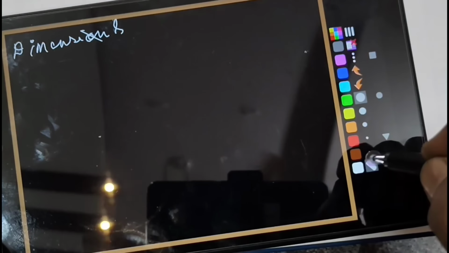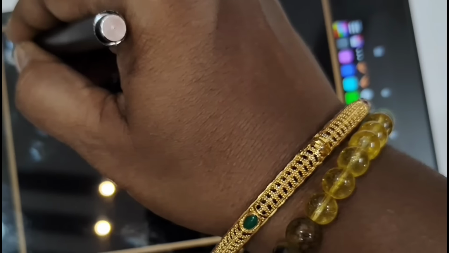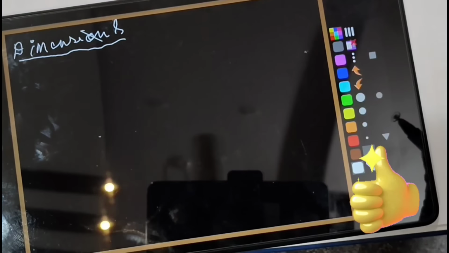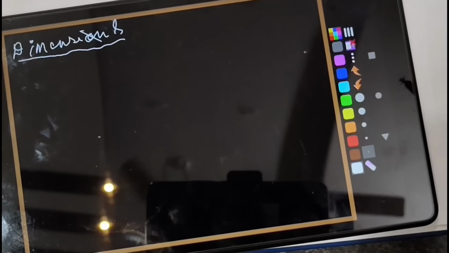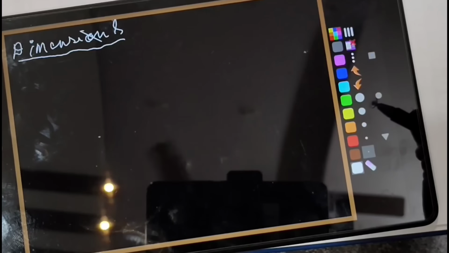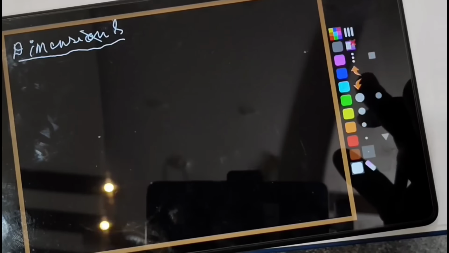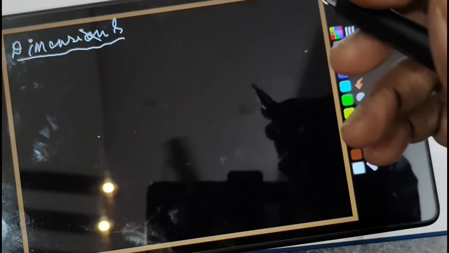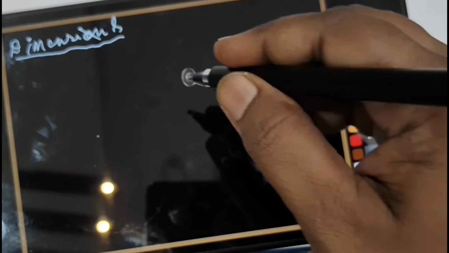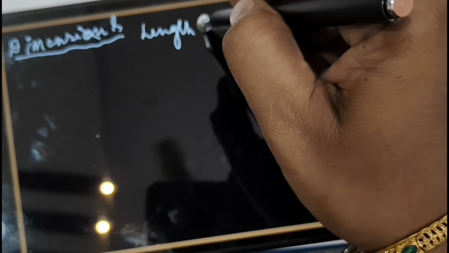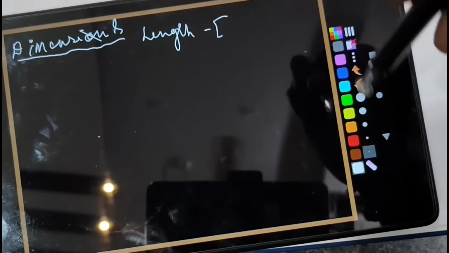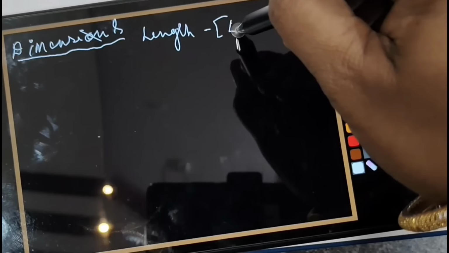So dimensions are nothing but, as we have done the base quantities, base units, so that units we have to write within the bracket. Some we will use the units and some we will give the notations of the physical quantities itself. So for example, length. So length, directly we will take the dimensions of length as, with always it is written in a square bracket, capital L.